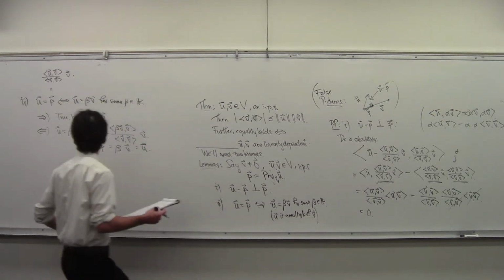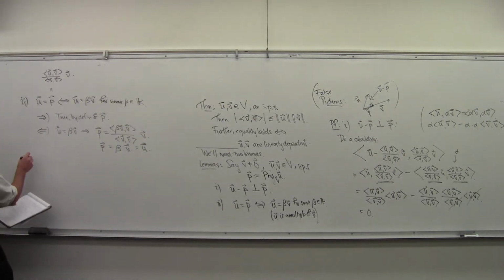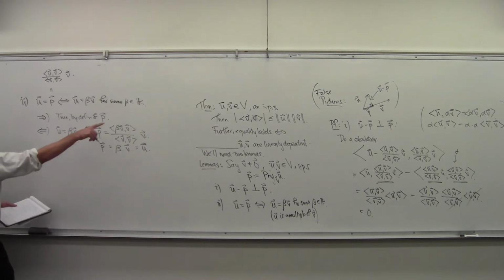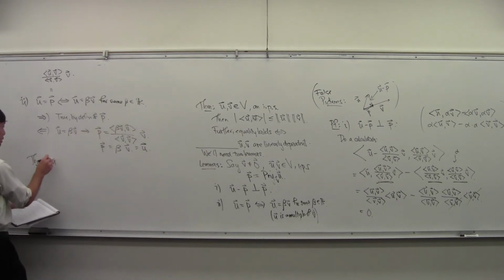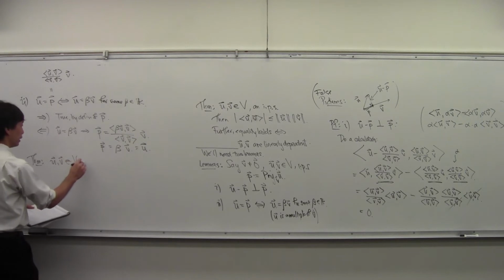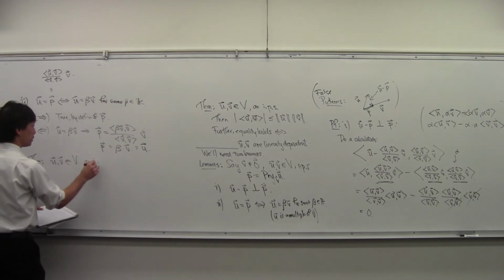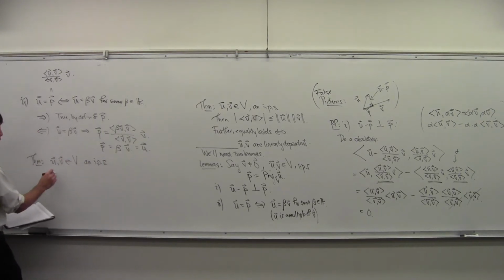So let me rewrite the theorem here. The theorem that we're going to prove, I'm just about to erase it. Right? So U and V are in an inner product space. So I'm just rewriting the Cauchy-Schwarz inequality.